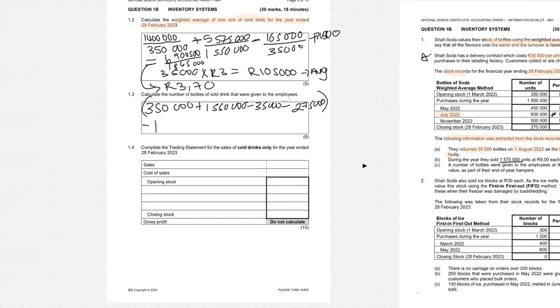So in your brackets, you have 350,000 plus 1,550,000 minus 35,000 minus 275,000, and that will give you 1,590,000.